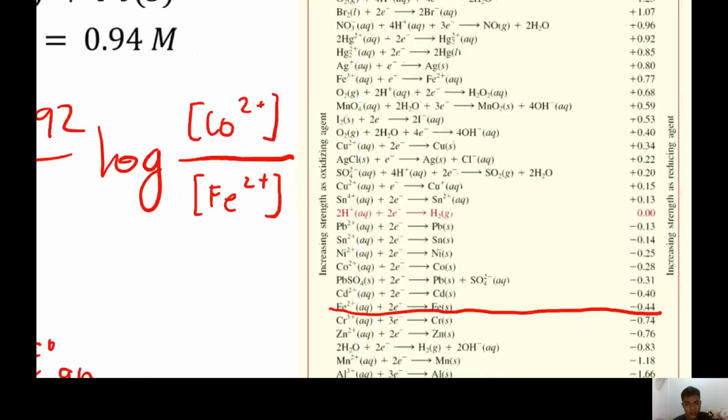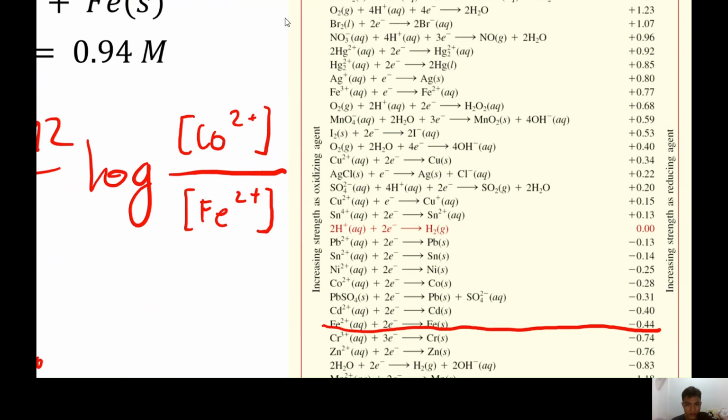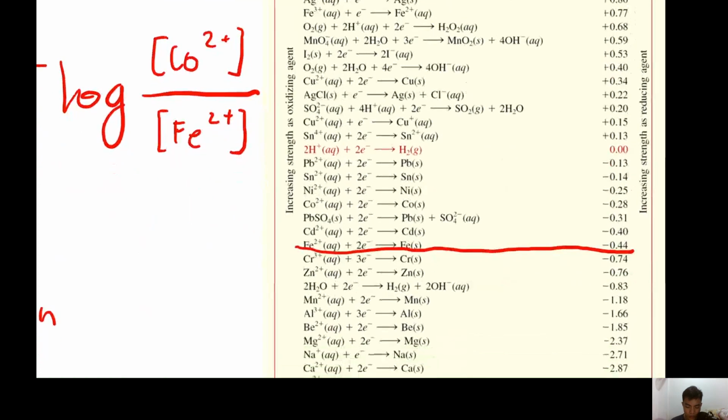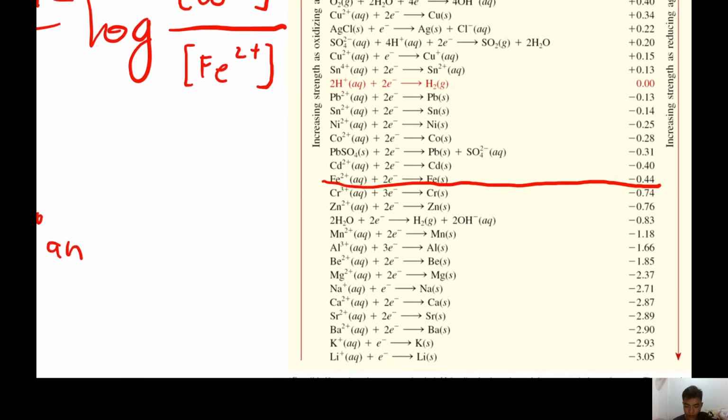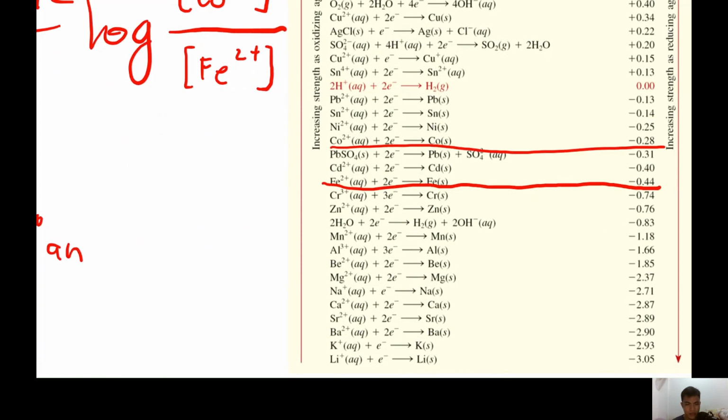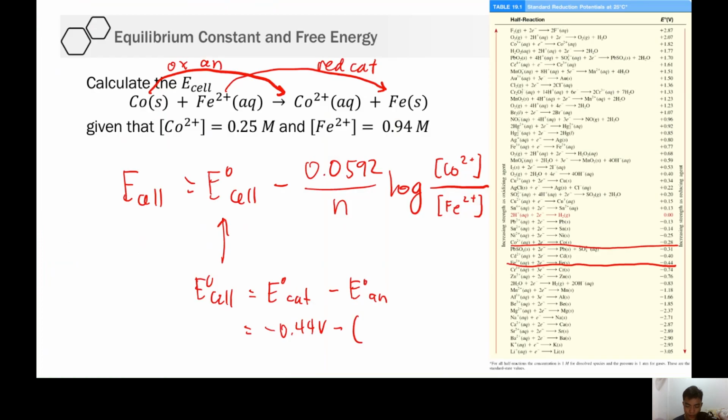Looking at this table, cobalt is here. It's negative 0.28 volts. So obtaining the E naught cell, the standard cell potential, that's negative 0.44 minus negative 0.28, which is negative 0.16 volts.